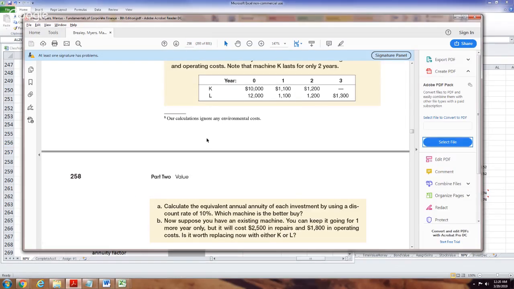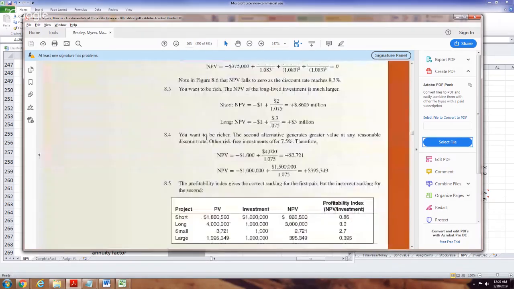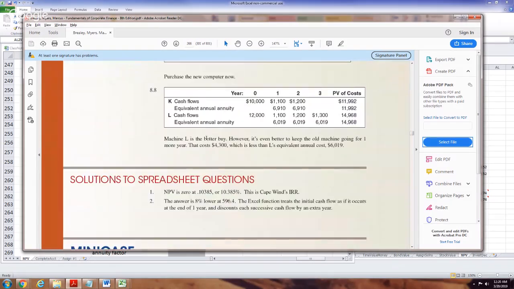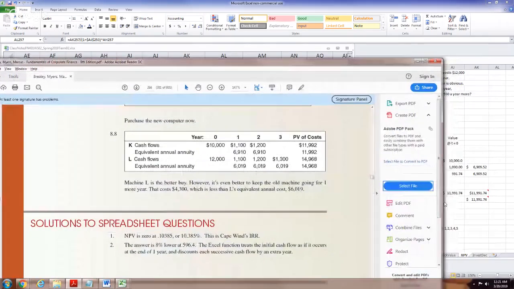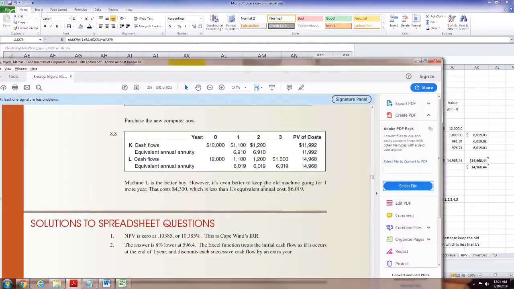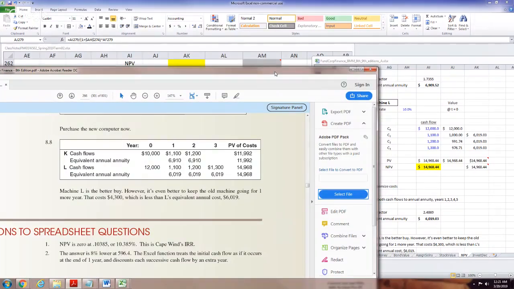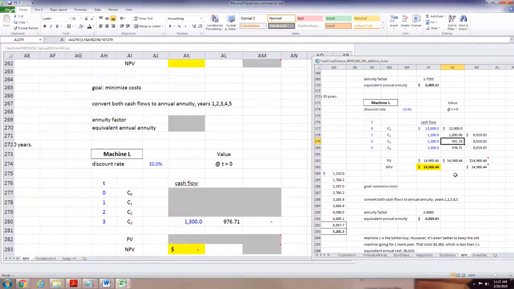Okay, so we have this, and you have it too. This is 258. Yeah, 258, and these are this here. PV of the costs 11,614. Okay, 609.